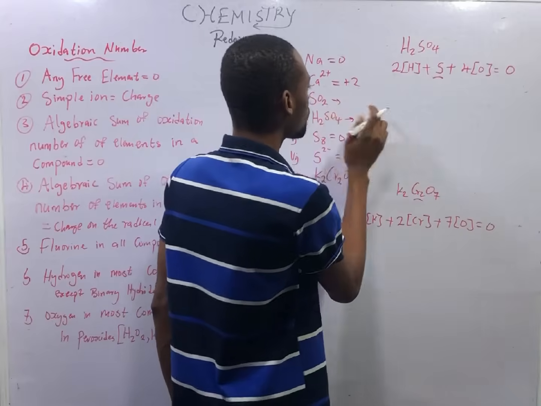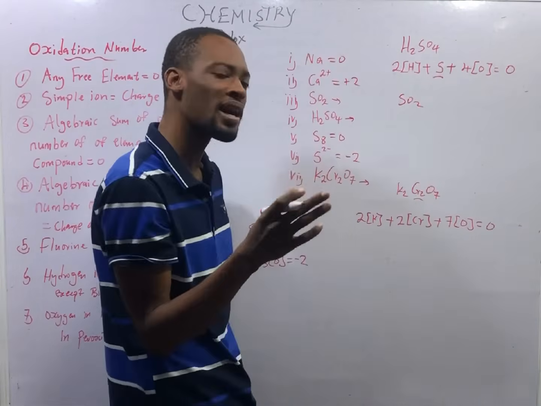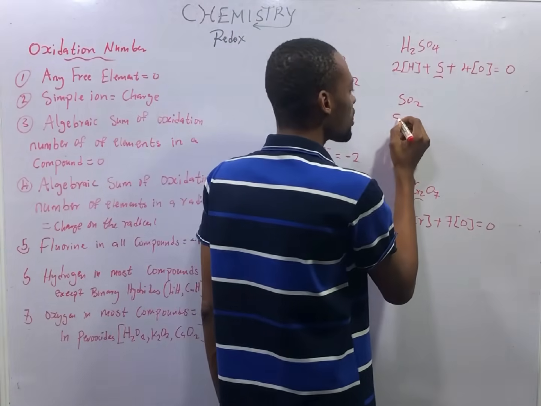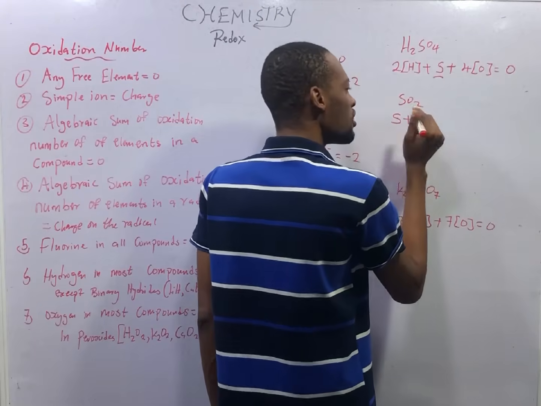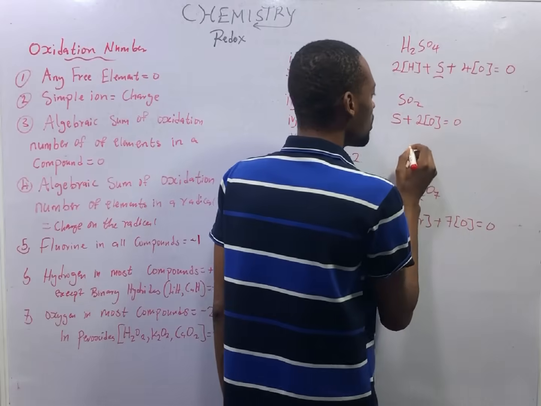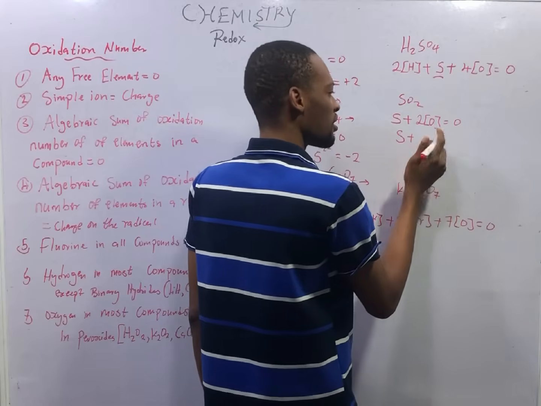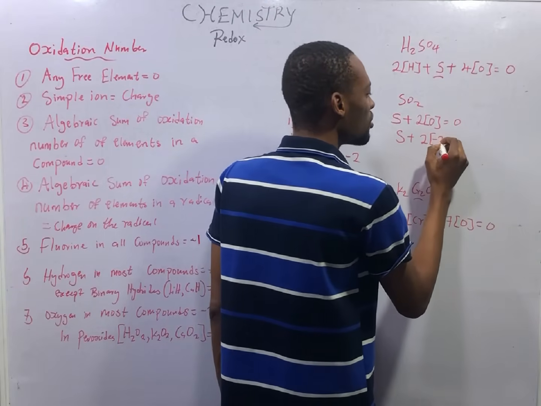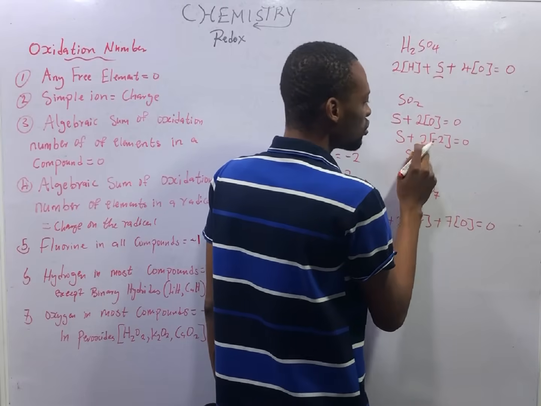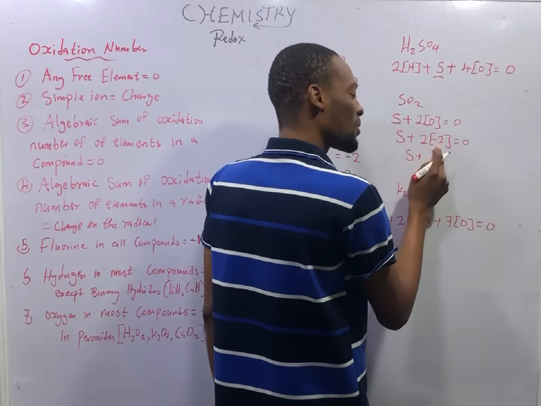For SO2, the algebraic sum of the oxidation numbers is 0 because it is a compound. So, the oxidation number of sulfur plus 2 times the oxidation number of oxygen is equal to 0. This is S plus 2 times -2, because oxygen is -2 in most compounds. 2 times -2 is -4.